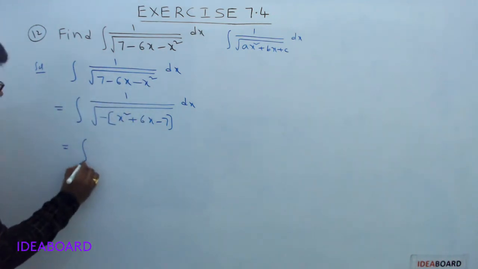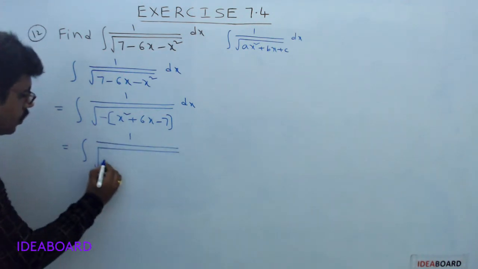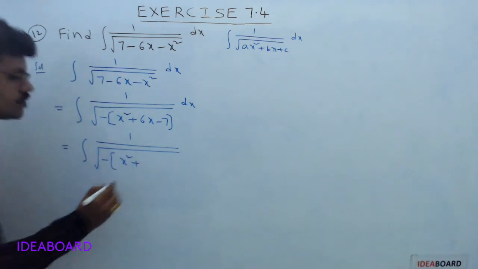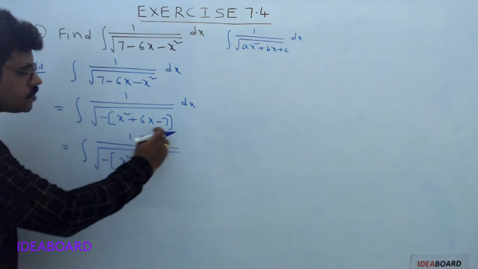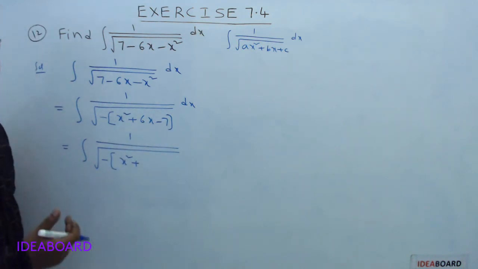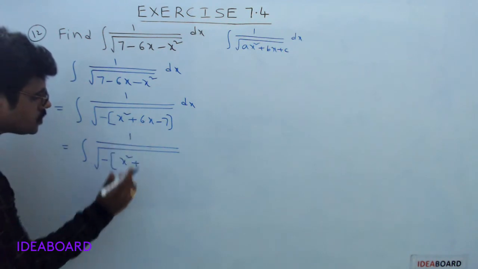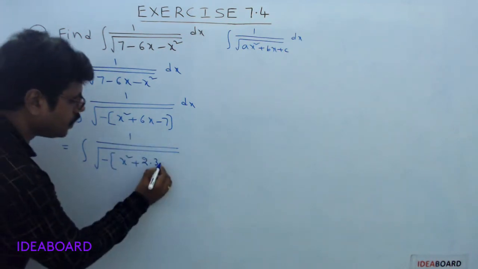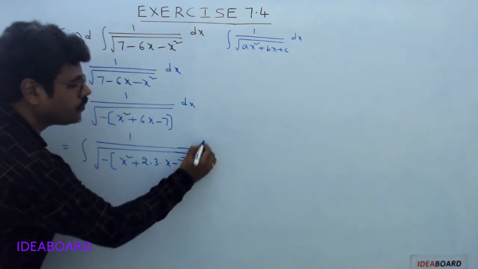Now this is integral 1 divided by square root of minus of x square plus, then what is our next step? Try to convert this expression as a perfect square. Now come to that one. X square plus 6x can be taken as 2 into 3 into x, minus 7 dx.